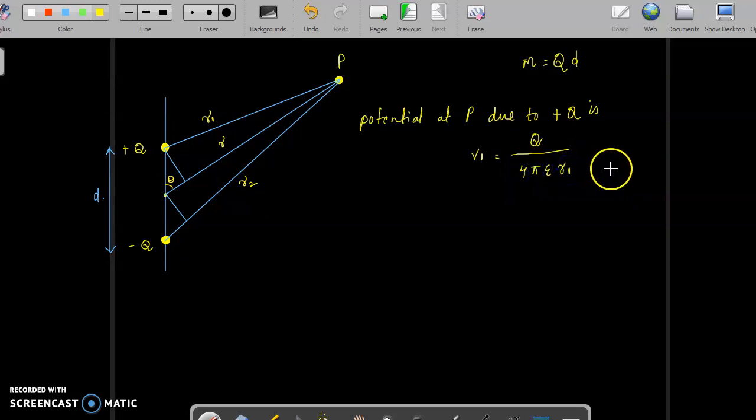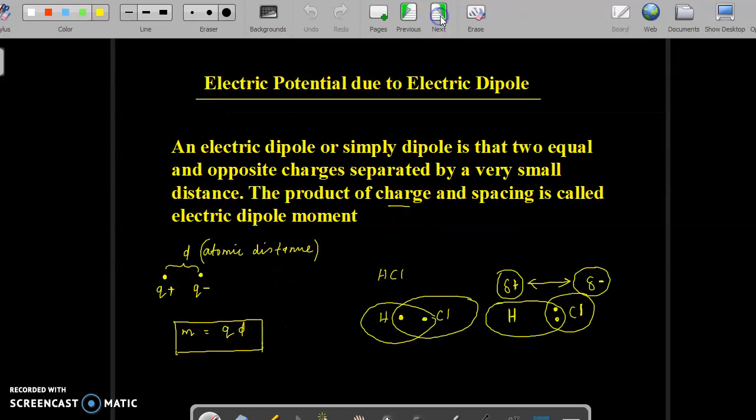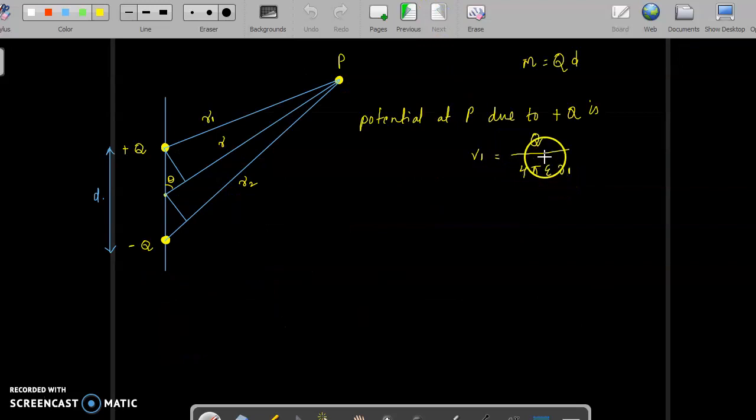Just before we derive the expression, V equal to Q by 4 pi epsilon r. Since the point P is distance r1 from plus Q, the expression of V1 becomes Q divided by 4 pi epsilon r1. Similarly, V2 is the potential at P due to minus Q.